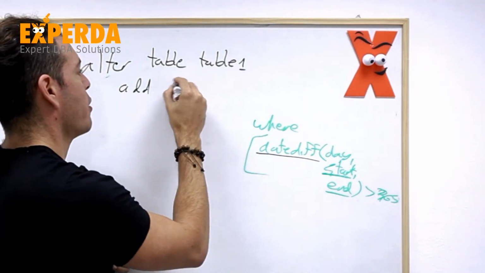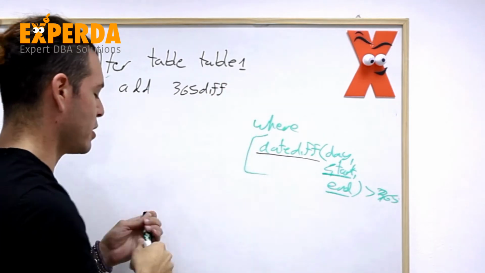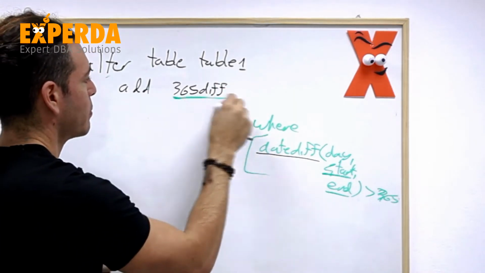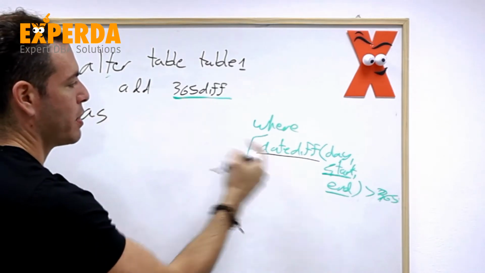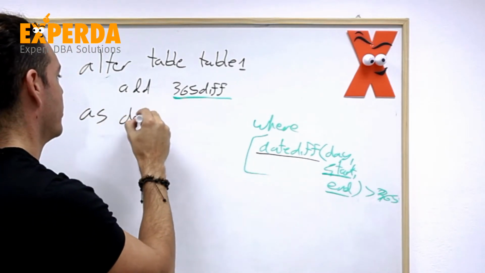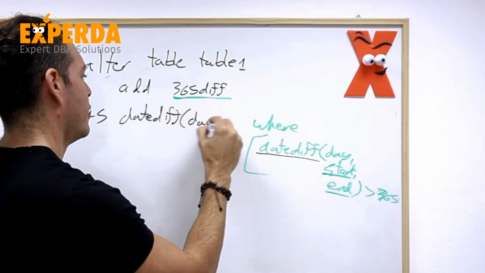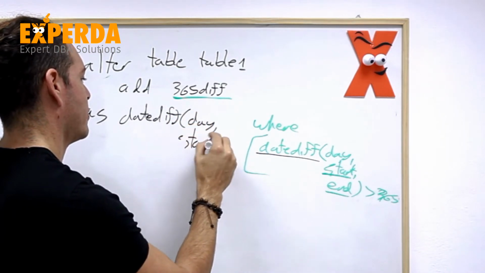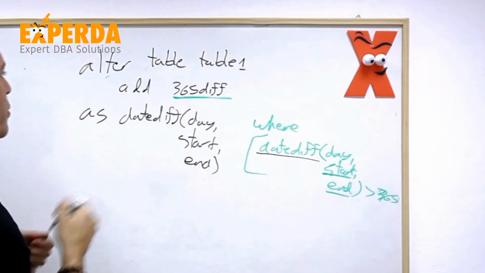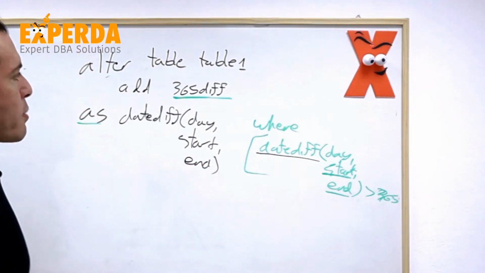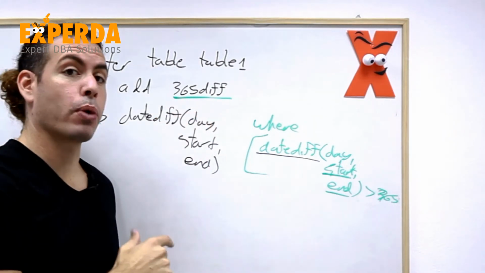So let's say 365_diff, this is the column name, AS this expression: DATEDIFF(day, start, end). Now this says from now on I'm going to have a column that is 365_diff. That's the way it's going to be called.